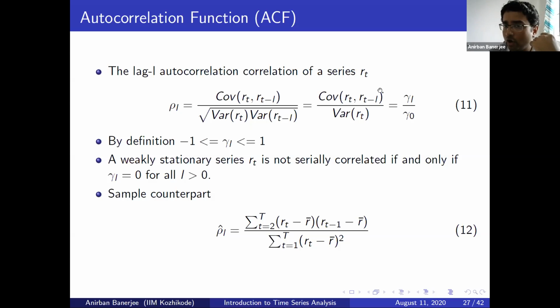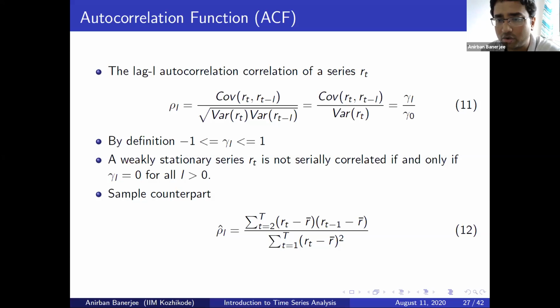So lag L autocorrelation of a series RT is basically, as you can see from the earlier series, the covariance between RT and RT minus L, divided by the variance of RT and RT minus L. Now, if it is a weakly stationary series, the variance of RT is going to be equal to the variance of RT minus L. So the denominator here basically reduces to just the variance of RT. So you have the covariance of RT and RT minus L divided by the variance of RT. We designate it as gamma L divided by gamma 0.